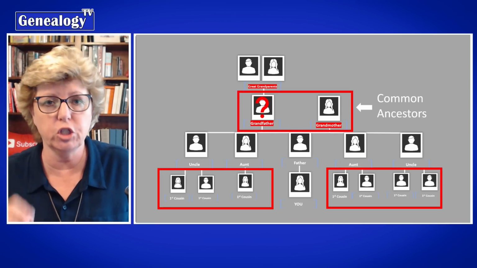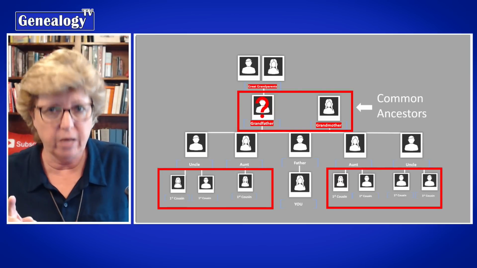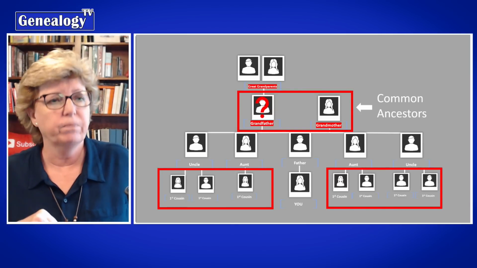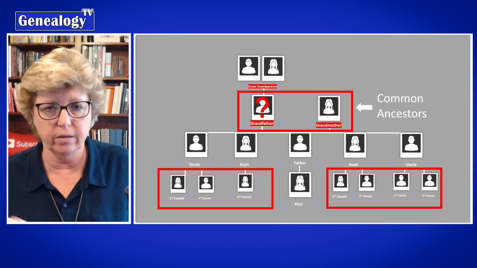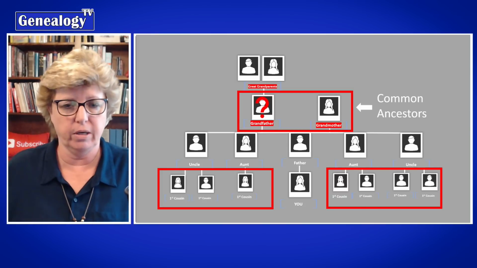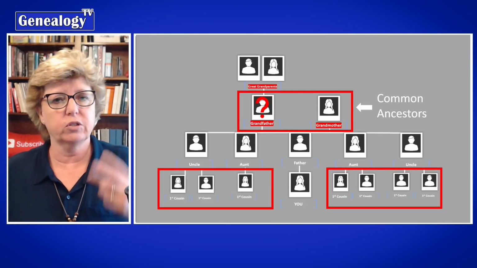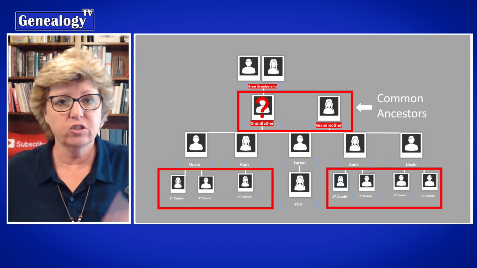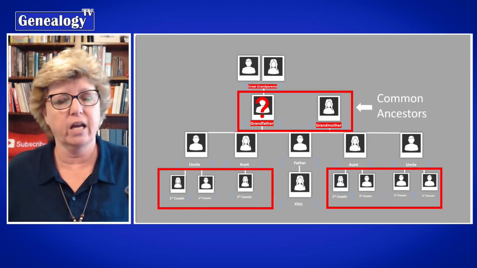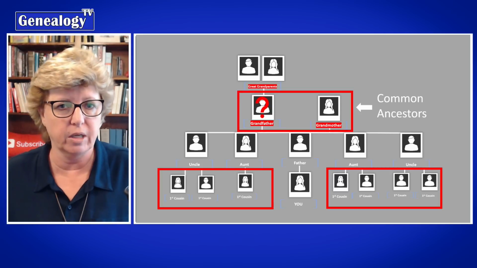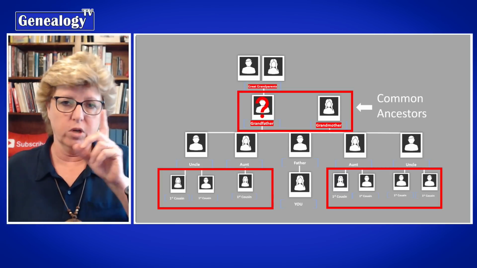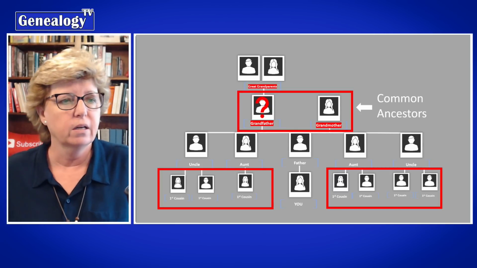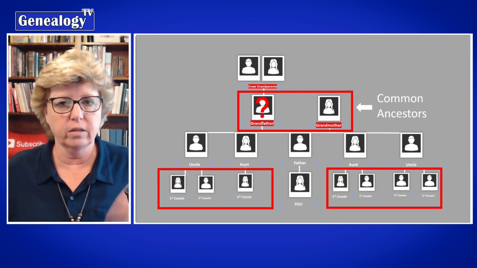So I count the G's. Grandparent being 1 G, great-grandparent being 2 G's, great and grandparent, right? So if it's 2 G's, that's your second cousins that are going to have a great-grandparent in common. First cousins, 1 G for a grandparent. So that's a quick and dirty way to figure it out.